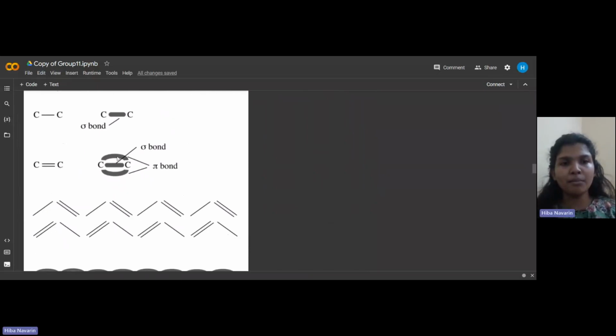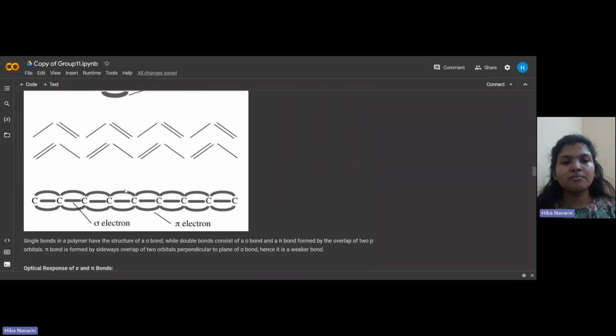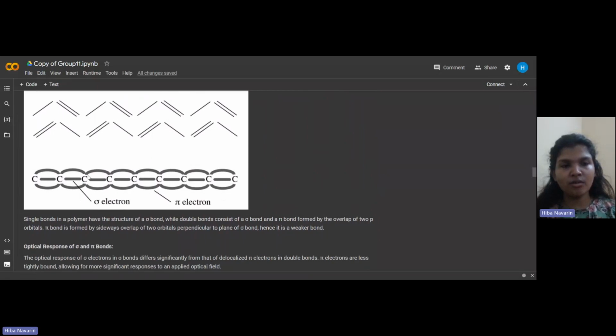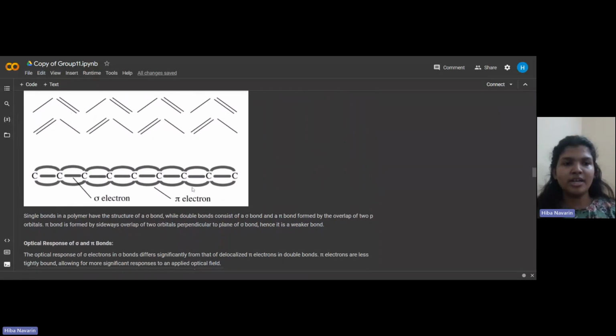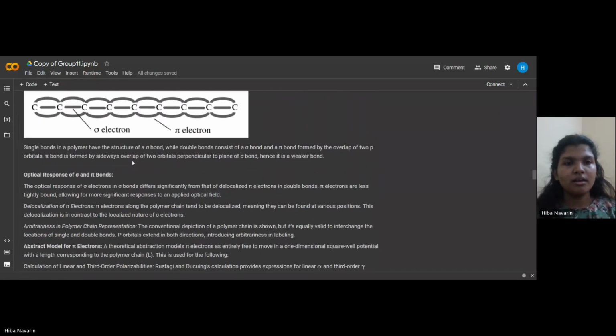And we can see the pi bond is away from the molecule, and the electron cloud of the pi bonded electrons is away, and hence they will be more free to move as compared to a sigma bond. So in a long chain, this is how the electron clouds will seem, in two dimensions.